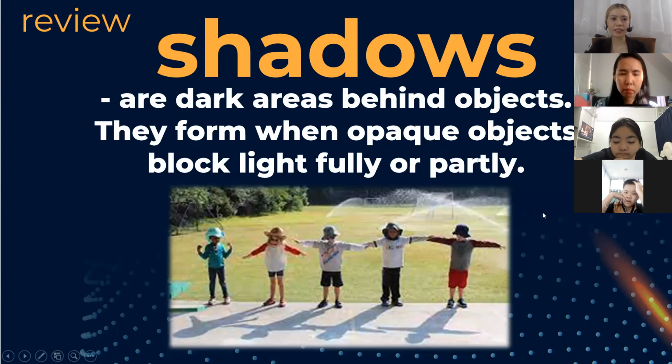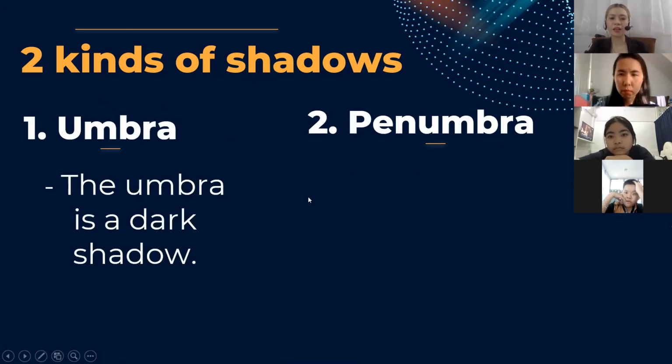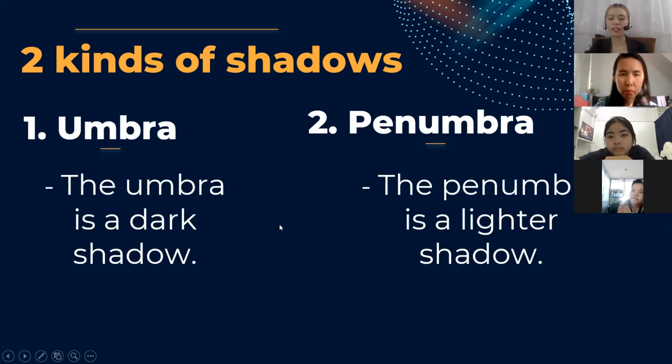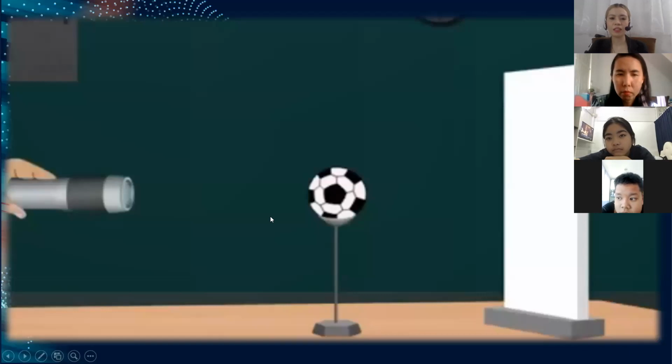Next, we also learned about the two kinds of shadows, which are the umbra and penumbra. And we learned that the umbra is the darker shadow and the penumbra is a lighter shadow. Now, we also made use of this illustration as we learned about the umbra and penumbra.